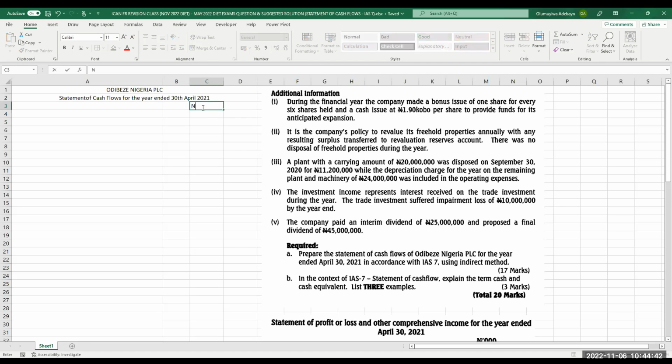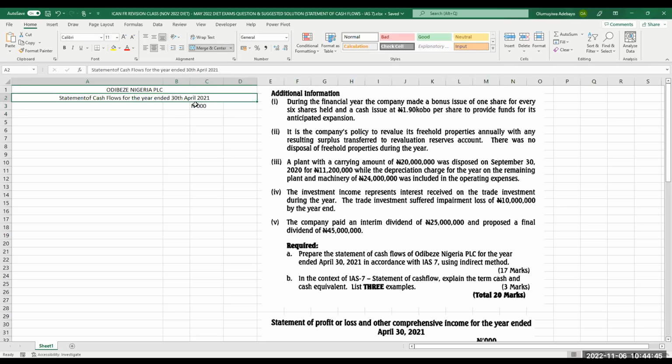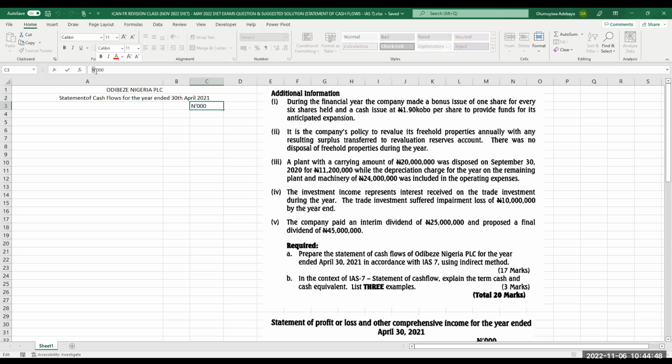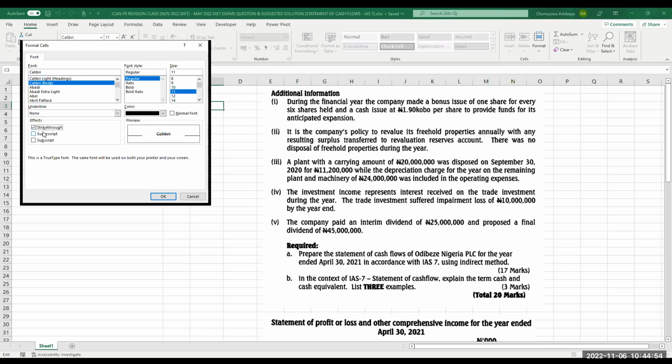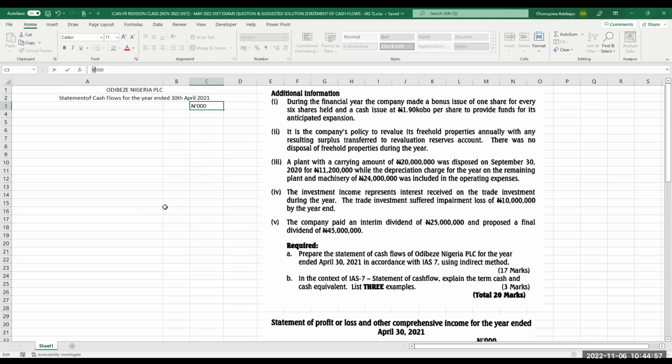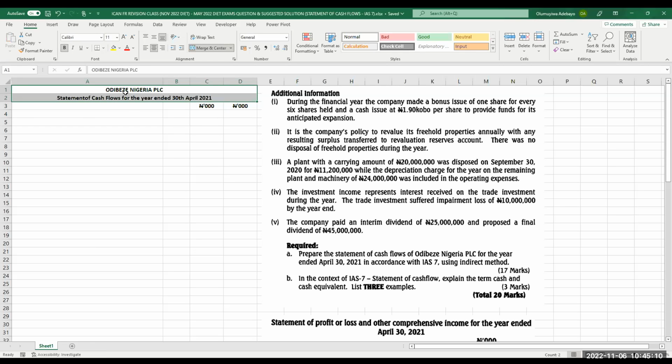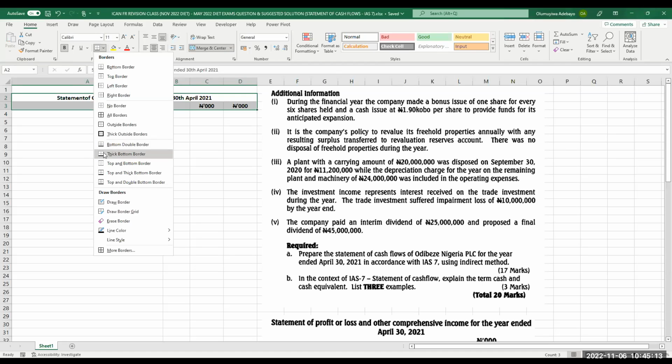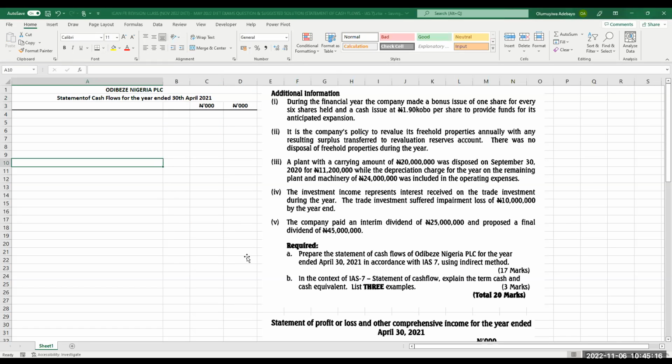All figures in thousands. Okay. Now we have three activities, we must take note, and first we are presenting this based on the indirect method.